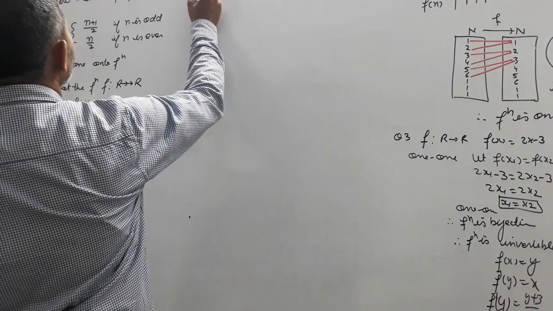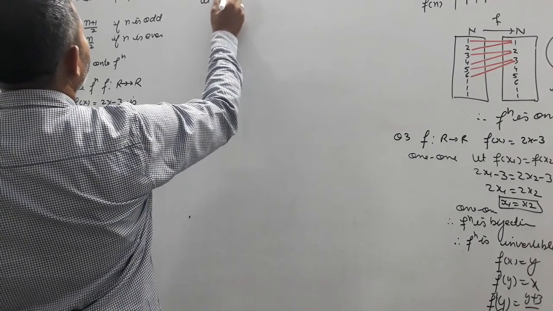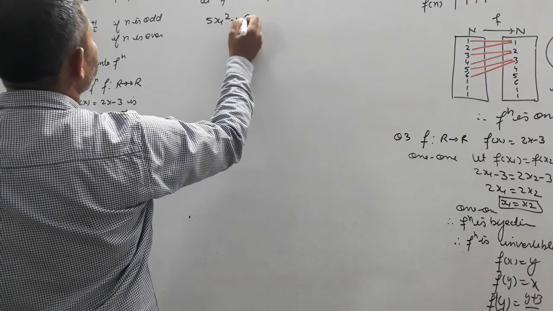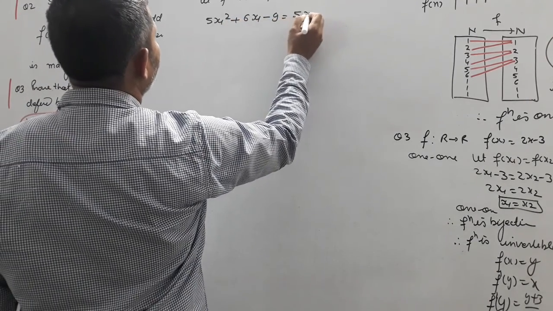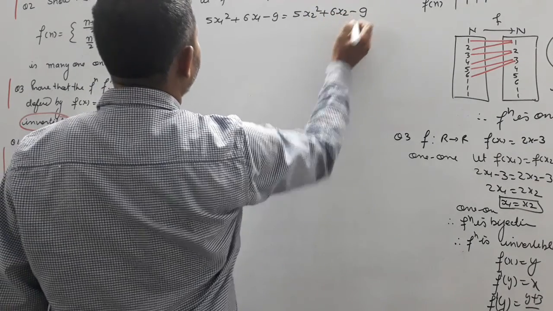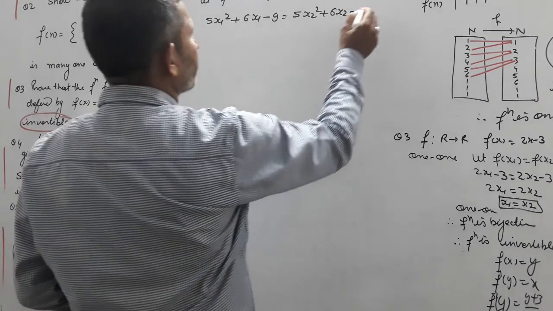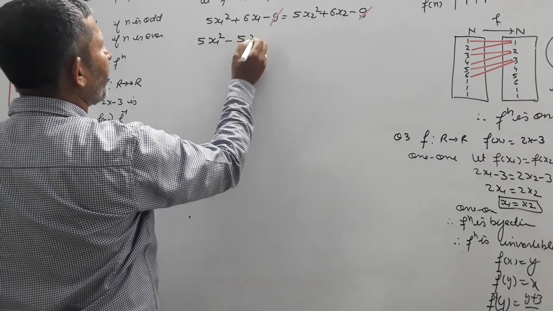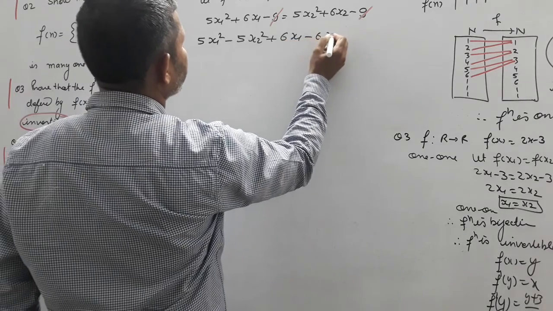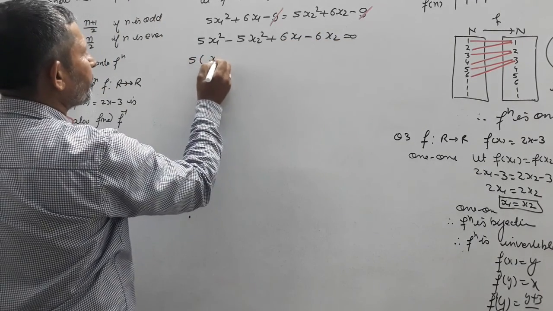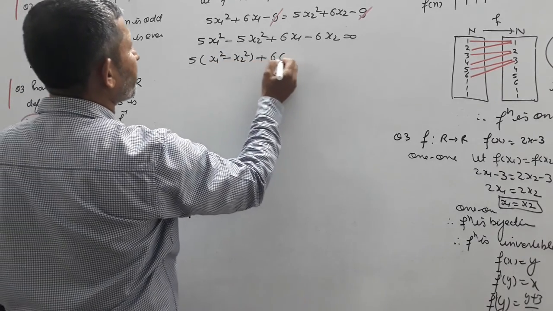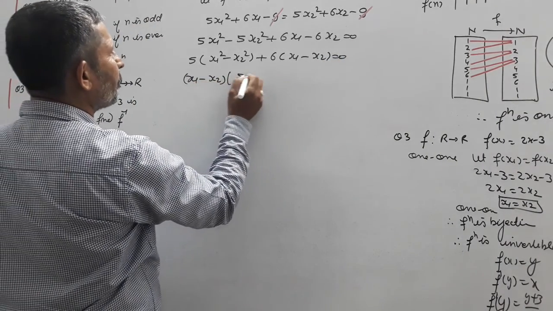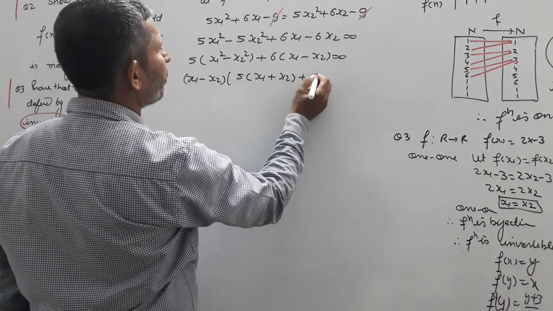So for 1-1, let f(x1) equals f(x2): 5x1 square plus 6x1 minus 9 equals 5x2 square plus 6x2 minus 9. 9 cancels with 9. 5x1 square minus 5x2 square plus 6x1 minus 6x2 equals 0. 5 times (x1 square minus x2 square) plus 6 times (x1 minus x2) equals 0. x1 minus x2 is common: (x1 minus x2)(5(x1 plus x2) plus 6) equals 0.